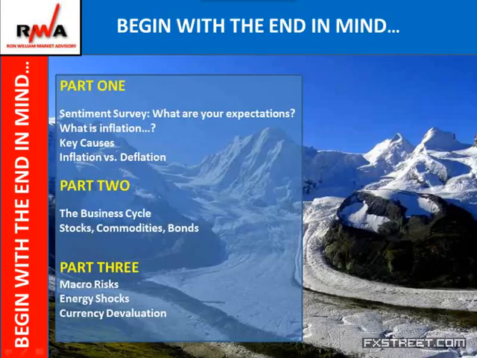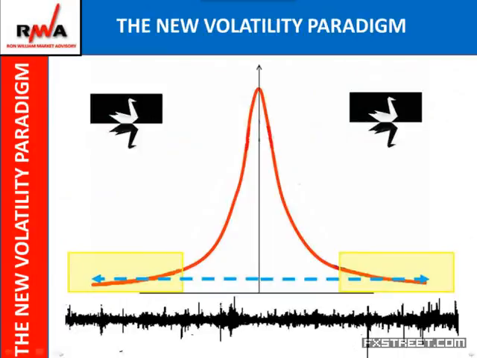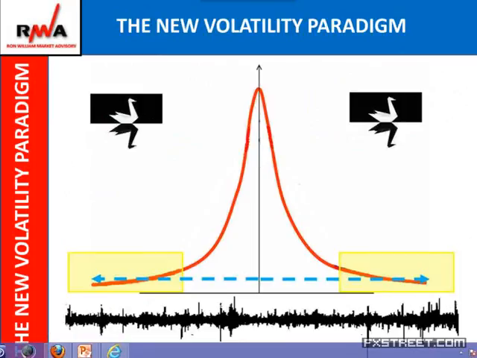Now, the last part, in the last few minutes, I'm going to talk about macro risks, the energy shocks, and currency devaluation. I've only got a few charts here, so I'm just going to be very quick about this. The key thing to keep in mind is that markets do experience highly volatile moves from the market mean, and this is a probability distribution of financial market risk.